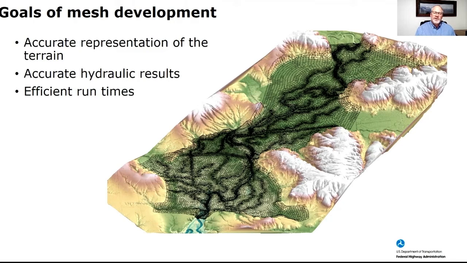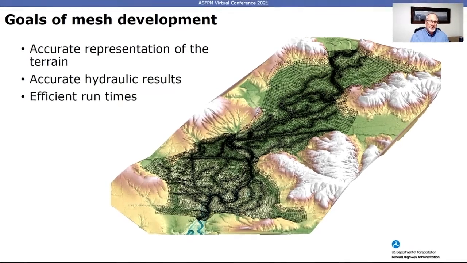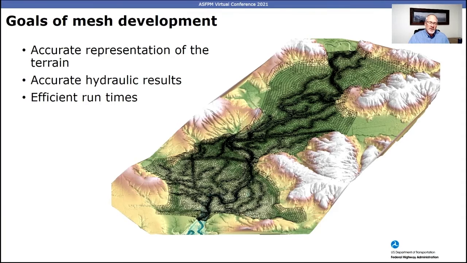If we were only interested in accuracy, we could use very small elements to represent the entire model domain, but that results in long simulation times. So we're also interested in efficiency, as well as learning how to use this model most effectively.